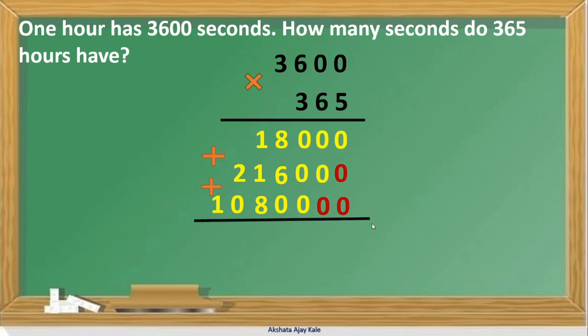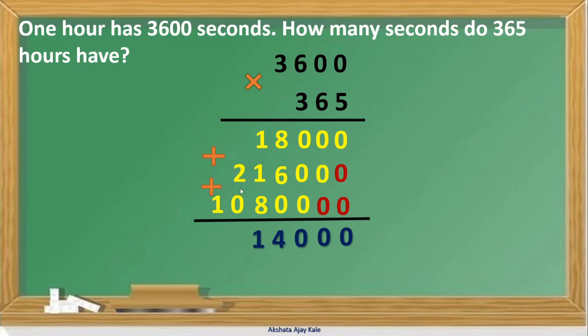0 plus 0 plus 0, that is 0. Here also 0. Here also 0. Here 8 plus 6, that is 14, isn't it? 4 we will write down. 1 is carried over. This we have to remember. 1 plus 1, that is 2, plus 1, 3, plus 8, that is 11. 1 we will write down and 1 is carried over.